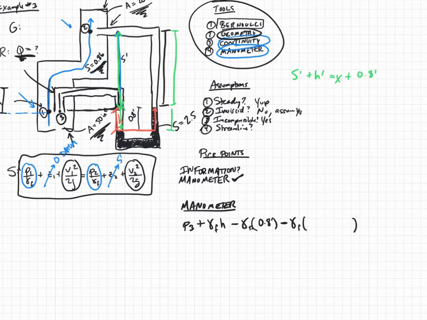I'm just doing the two sides of essentially a rectangle. So x, which I want to plug in right here, is 5 feet plus h. Well, it's not h feet, it's just h, it's got feet in there somewhere. Minus 0.8 feet. So I've got 5 feet plus h minus 0.8 feet, so that's 4.8 plus h.